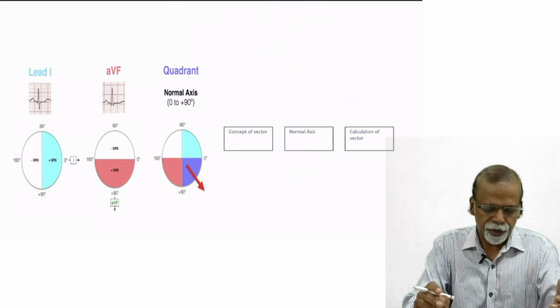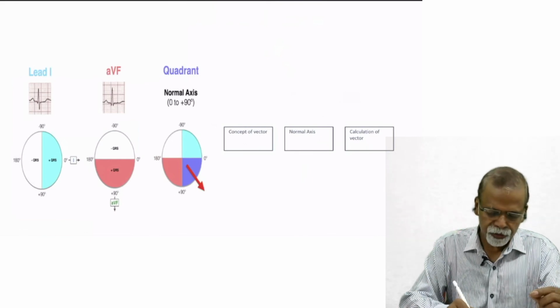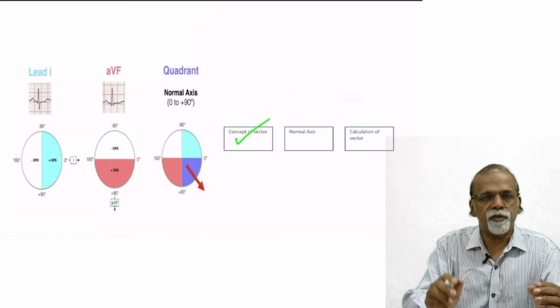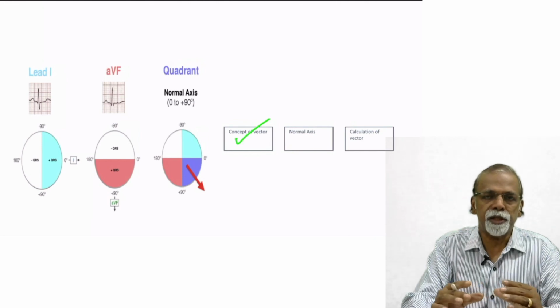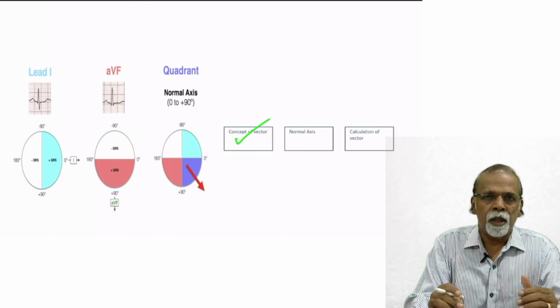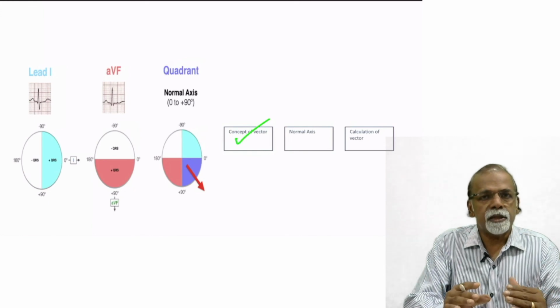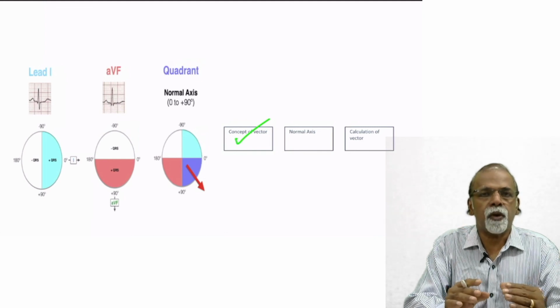So in summary, today we have discussed the concept of vector. What is vector? Vector is the sum total of the electrical forces viewed from different angles. When you are seeing in different angles, the sum total is the vector. And the axis of the heart, mainly we are looking at the axis of the QRS complex in the frontal plane.